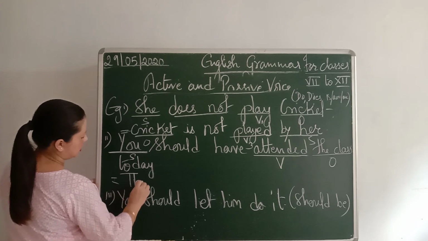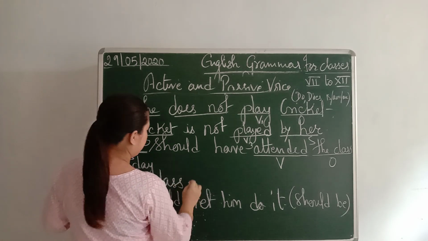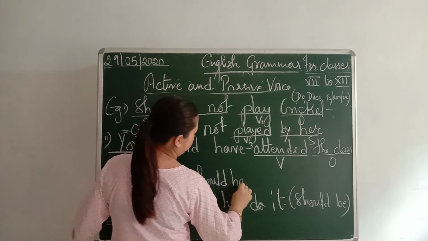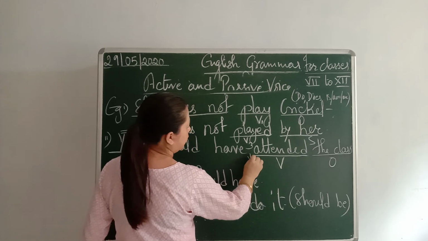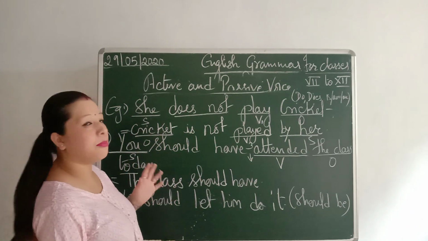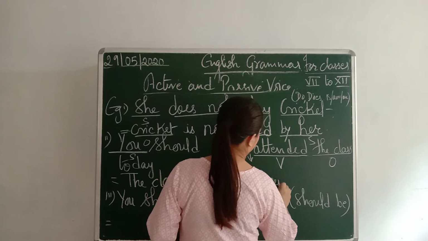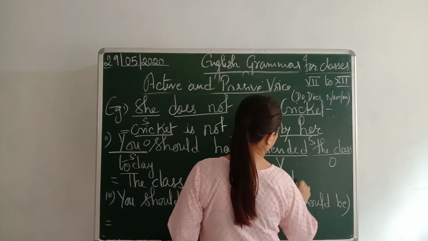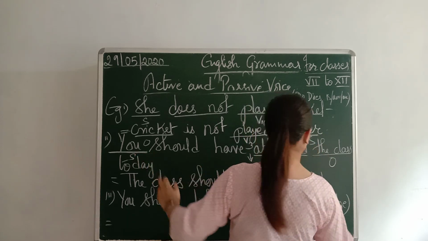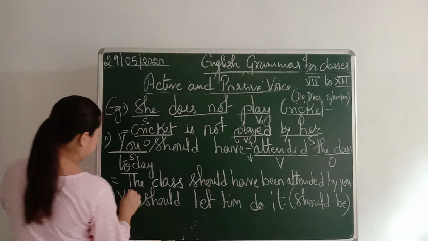The class should have. Here you have to use the third form of the word be, that is been. The class should have been attended by you. By, the preposition word, by you today.